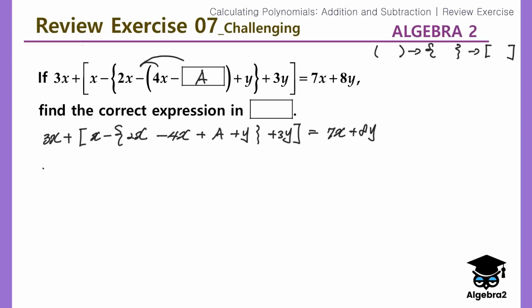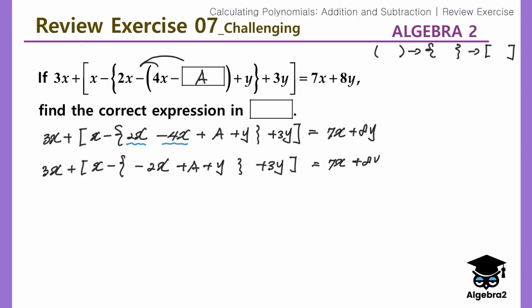Right? So 3x plus x minus, here we have like terms, 2x minus 4x. That's going to be minus 2x plus a plus y plus 3y is equal to 7x plus 8y.